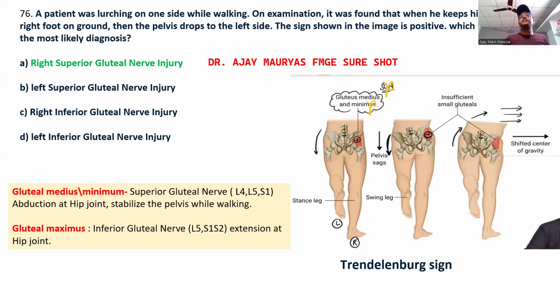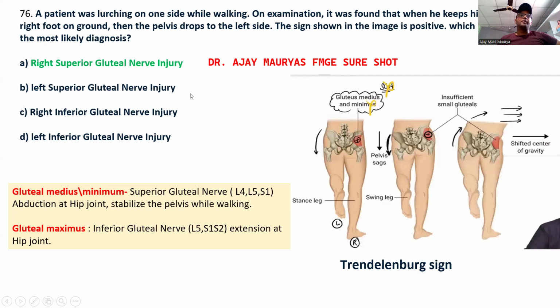That's why the patient will move like this, a lurching movement, shifting the center of gravity to the side. He will swing the leg up to walk, to get the support, and by this only, guys, he will walk.